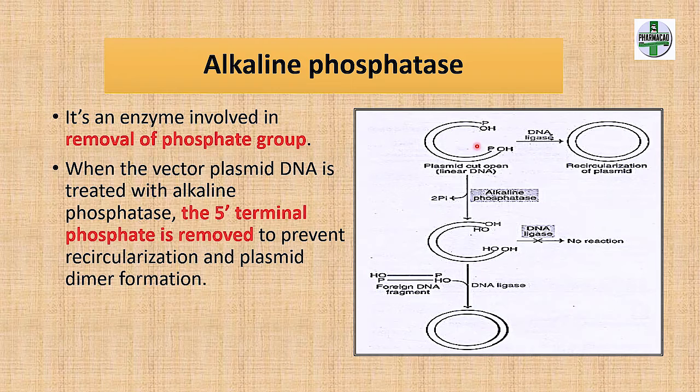It is necessary to remove this phosphate group to prevent the recircularization of the plasmid, that is, a dimer will be formed, because of which we use the enzyme called alkaline phosphatase. This enzyme removes the phosphate group and an OH group will be added, and once the phosphate is removed, the DNA ligase cannot act, so it will prevent the recircularization of the plasmid.